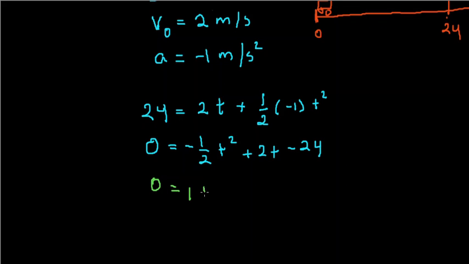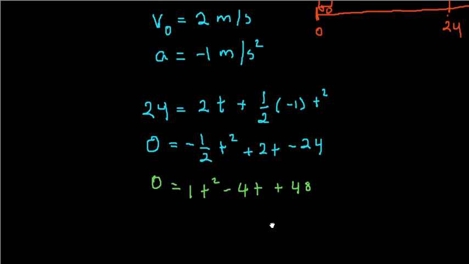So 1t squared. Plus 2t, we're multiplying by -2. A positive times a negative is going to be negative. 2 times 2 is 4t. -24 times -2 is positive 48.